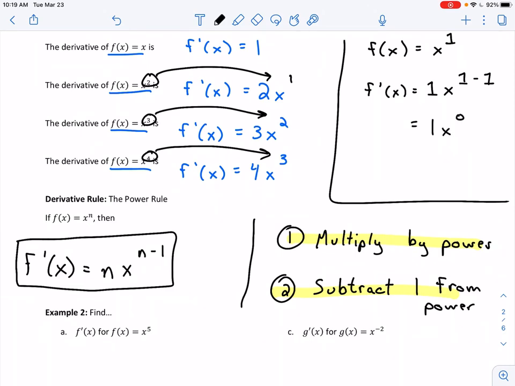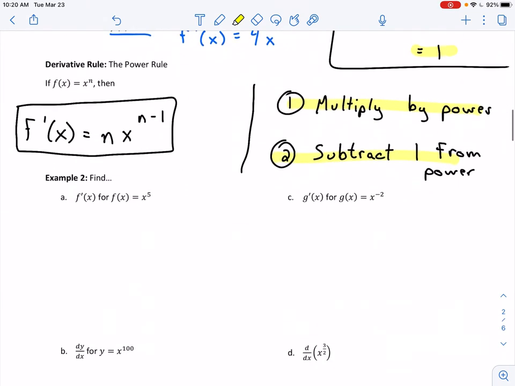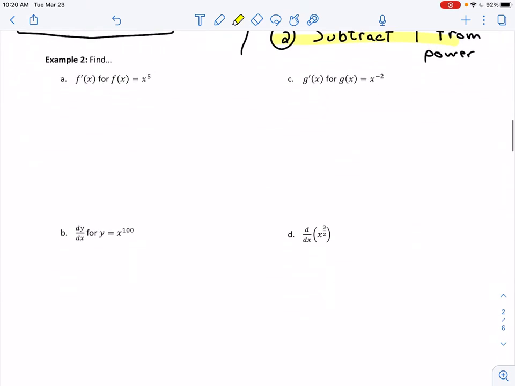But we know that any number raised to the 0 power is going to be 1. So 1 times 1 gives me 1. So hey, there is my derivative. It does, in fact, match up with the power rule. So that's pretty handy. So let's jump in and find some examples using our power rule now.